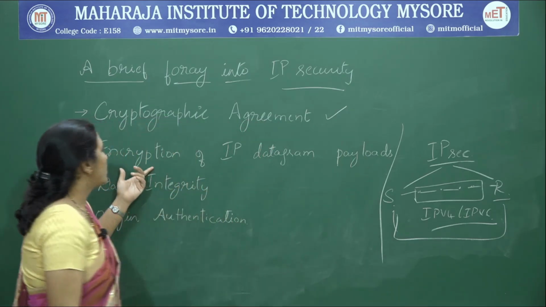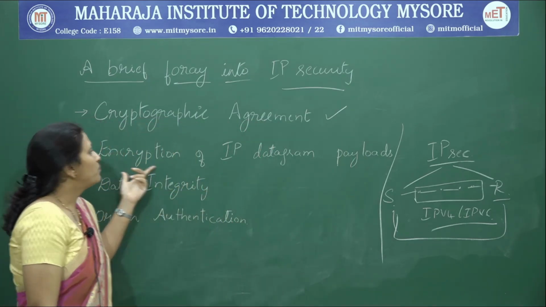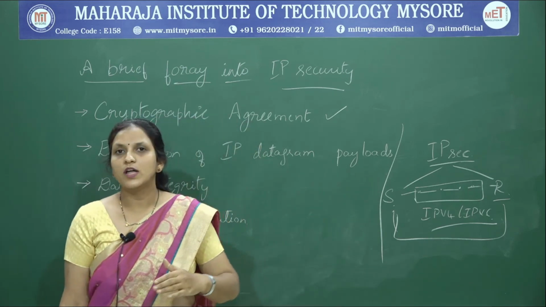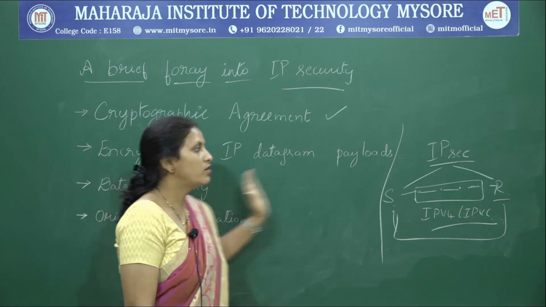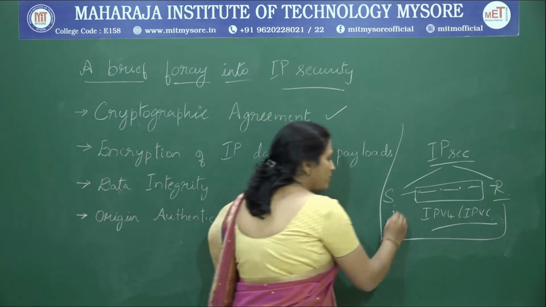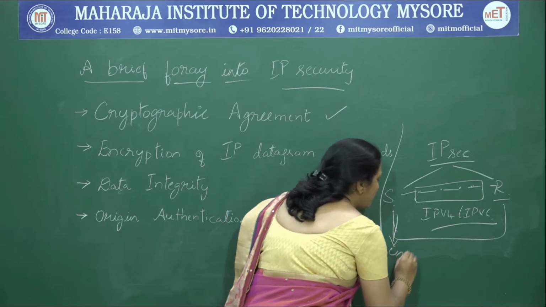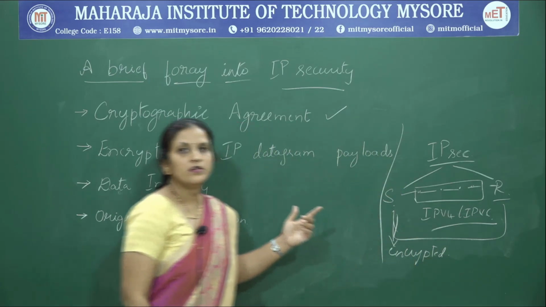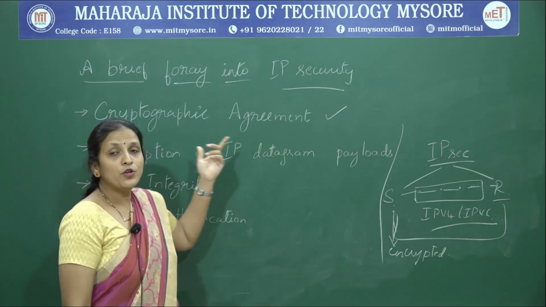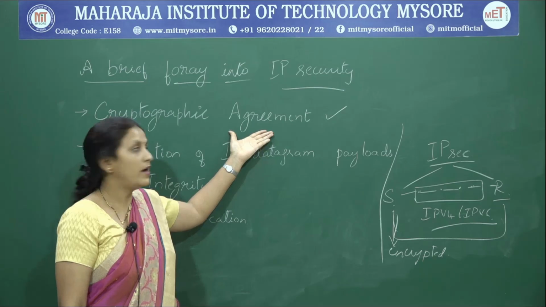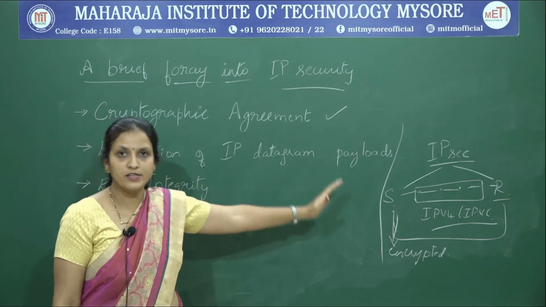The next functionality is encryption of IP datagram payloads. Whatever data payload is going to be transferred from sender to receiver is encrypted at the sender side using the cryptographic algorithm agreed upon between sender and receiver.